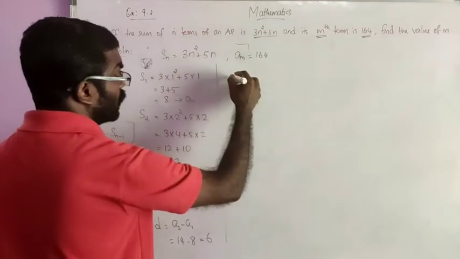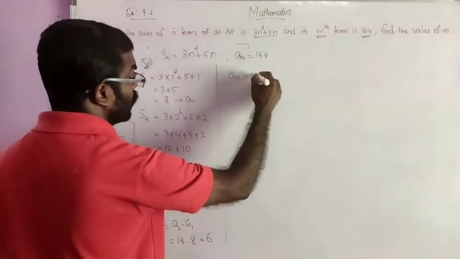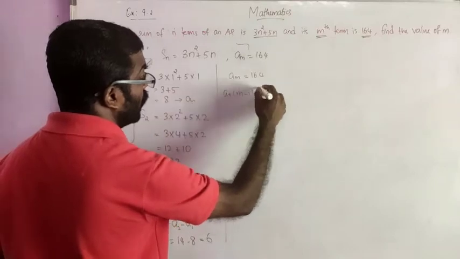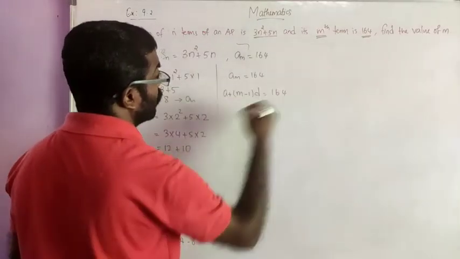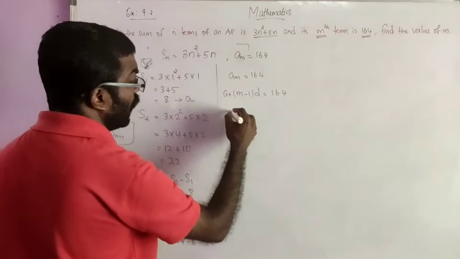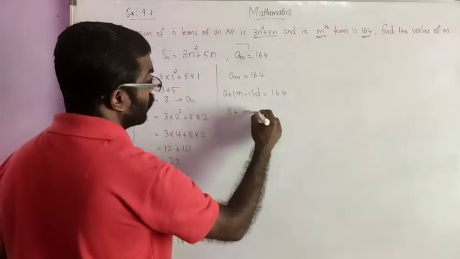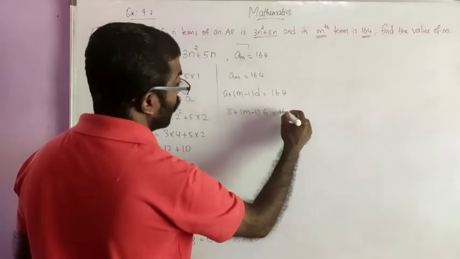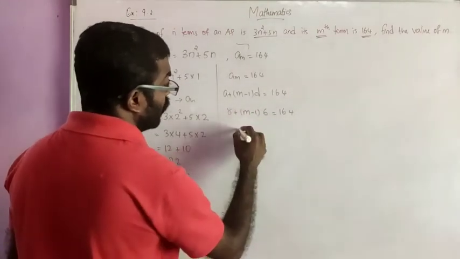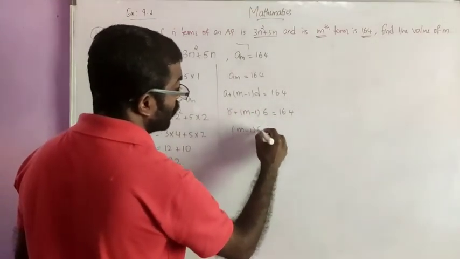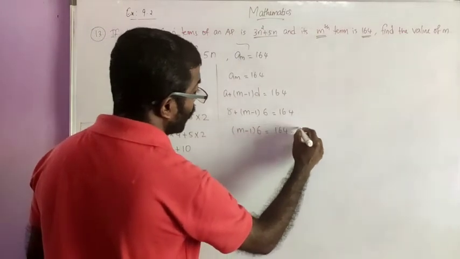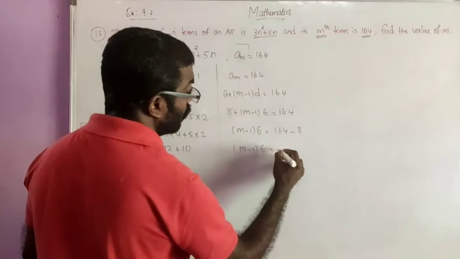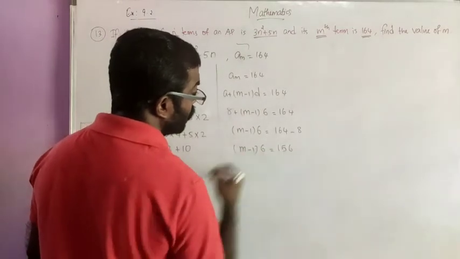Now we can take the next condition. Am is equal to 164 implies a plus m minus 1 into d is equal to 164. The value of a here is 8. So 8 plus m minus 1 into d, d is 6, which is equal to 164. m minus 1 into 6 is equal to 164 minus 8. m minus 1 into 6 is equal to 156.